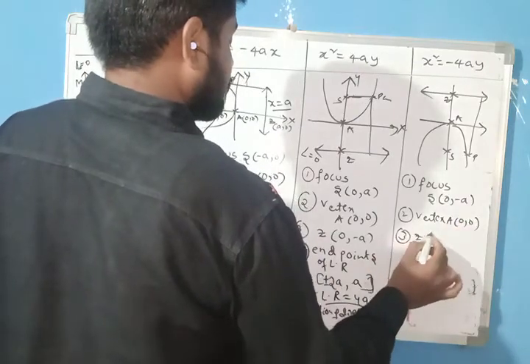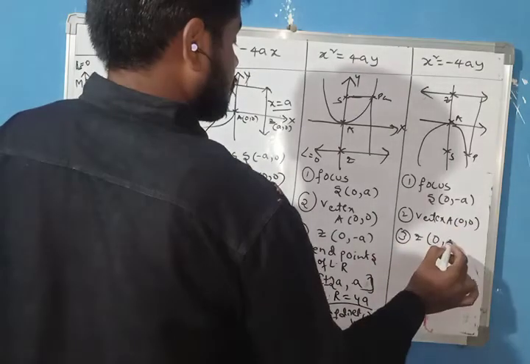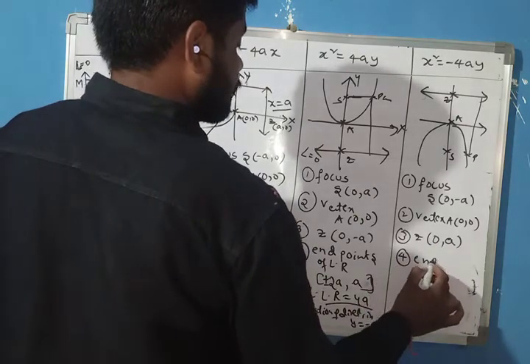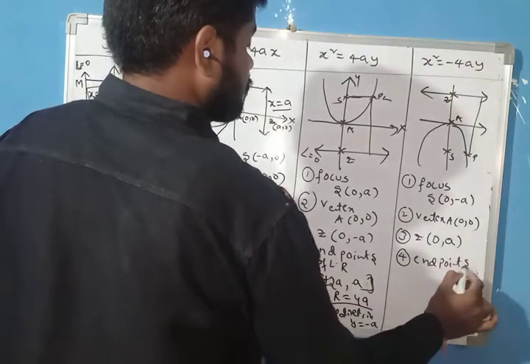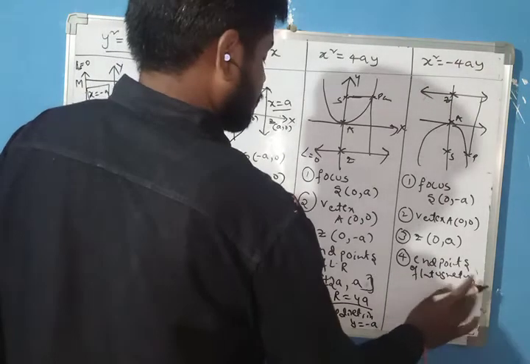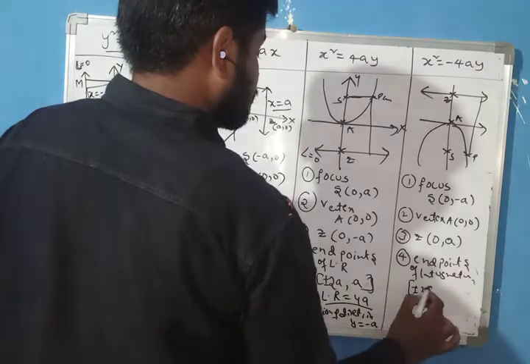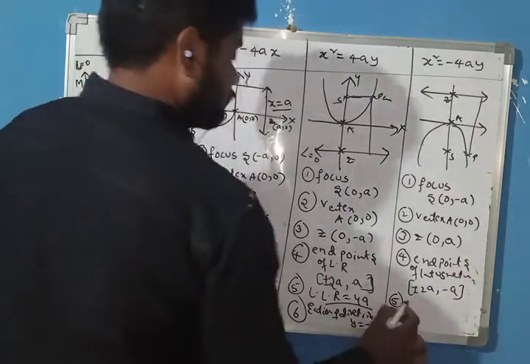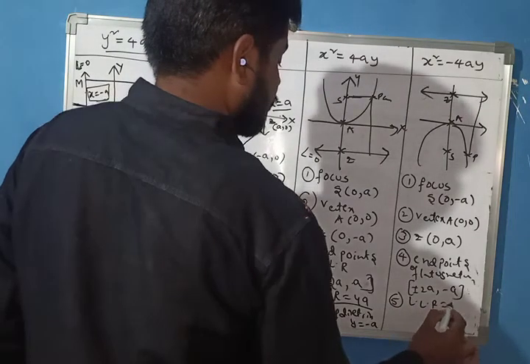Third, Z is (0, a). Next, endpoints of the latus rectum equal plus or minus 2a, minus a. Fifth one, length of the latus rectum is 4a.